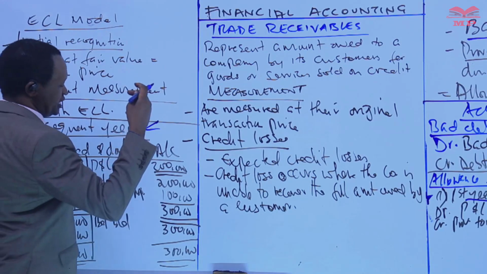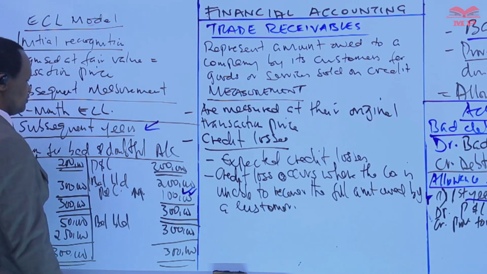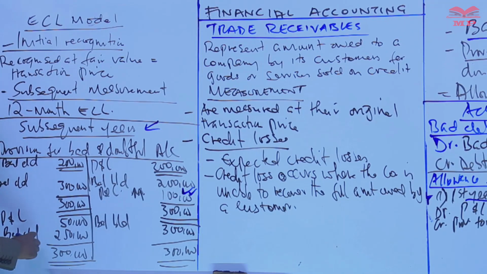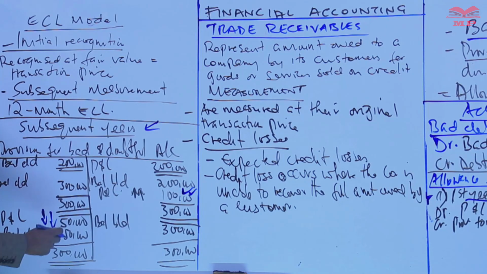If it is an increase, we credit the provision for bad and doubtful debts. If it is a decrease, we credit this account.